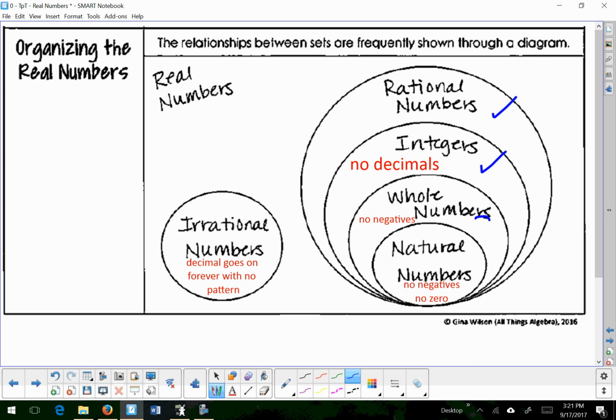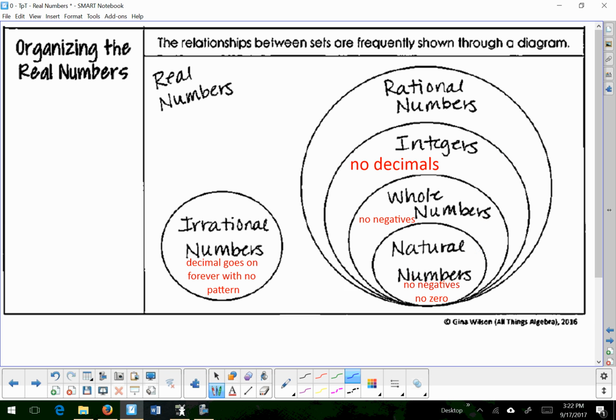Now, if you want to get to the most specific group of all of the whole numbers, all of them are invited to the natural numbers party except the number 0. So -1 is not invited into the whole group, but +1 is. +1 is also a natural number. 0 is a whole number, but it's not part of the natural group.